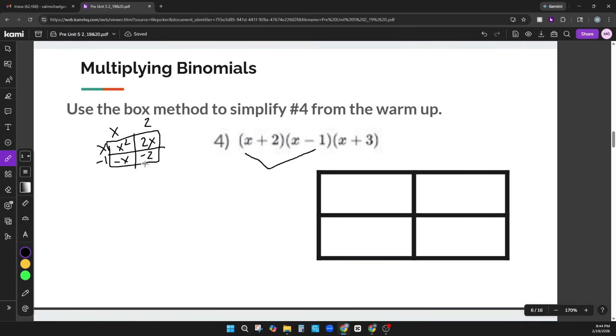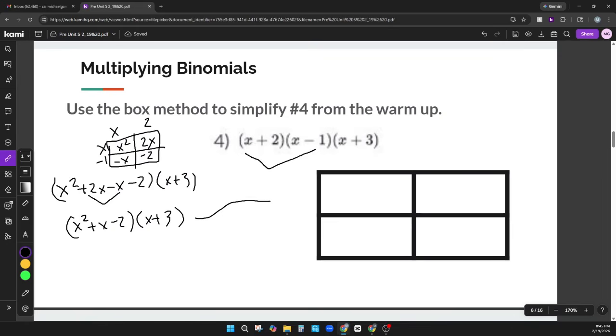That -1 times 2 is what gives me that -2. So this is rewritten as x squared plus 2x minus x minus 2, all of course times x plus 3. I've multiplied here, but I'm still multiplying that by my x plus 3. And of course we simplify, this can become x squared plus x minus 2 times x plus 3.